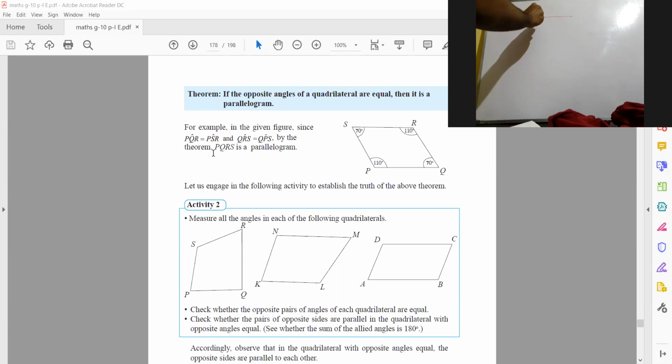Consider this one. Okay. Now you can see ABCD.